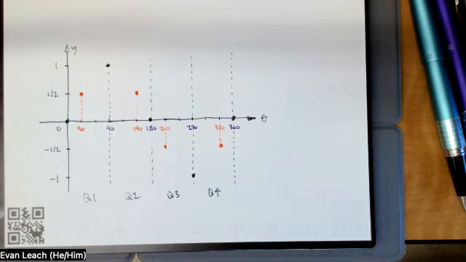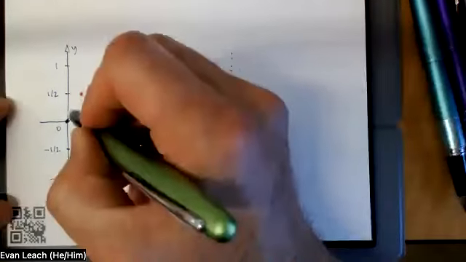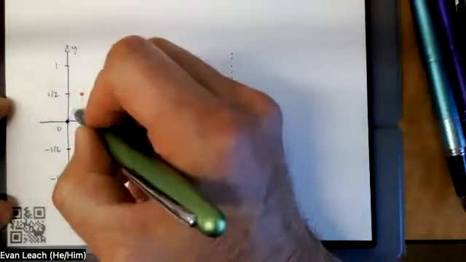Now we're going to do the same thing we did before. We're going to connect the 1/2s with just a line. The graph is not technically linear, but it's pretty close to being linear. So I'm just going to connect those with lines.